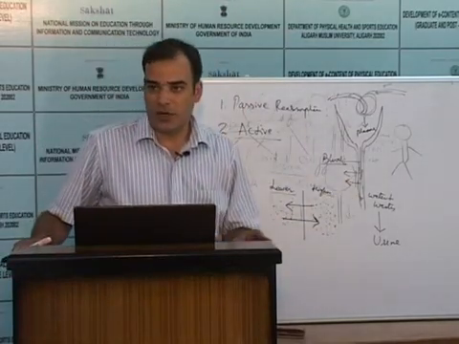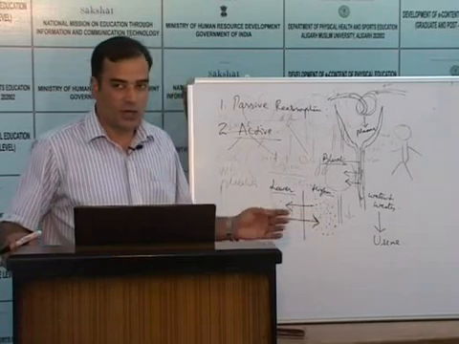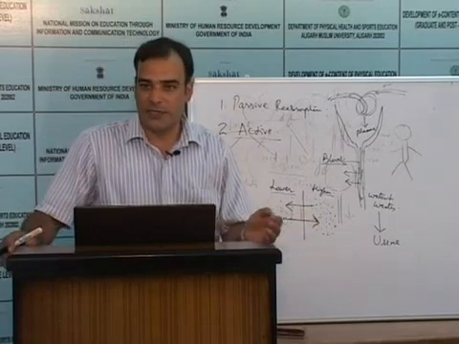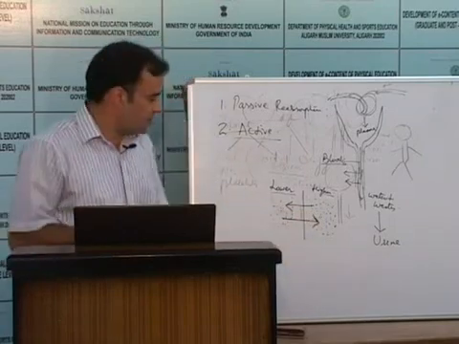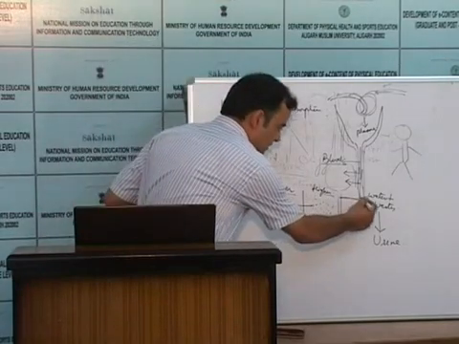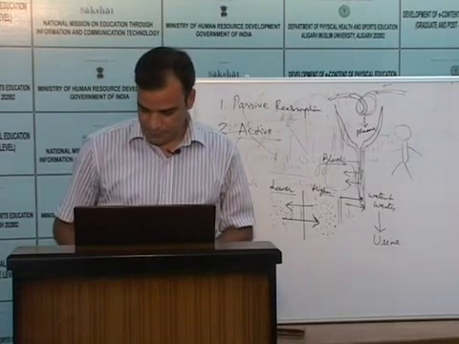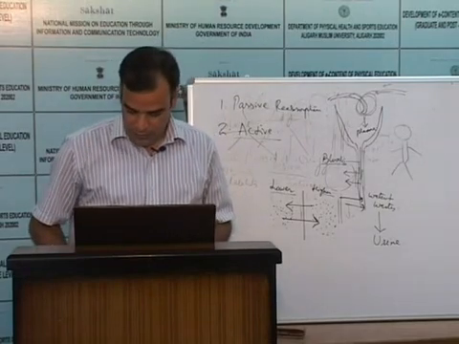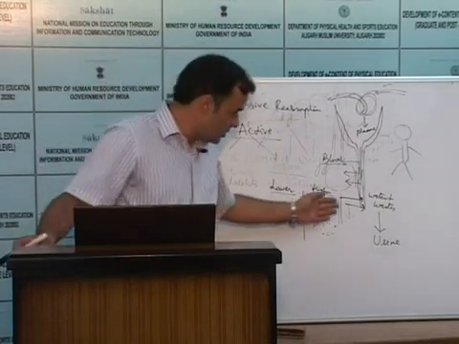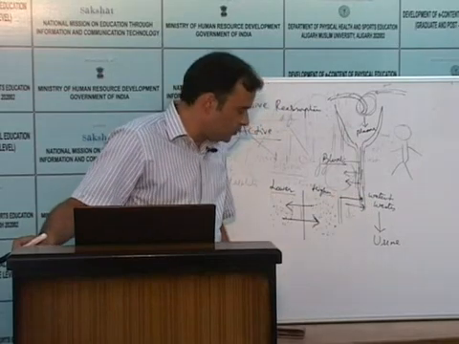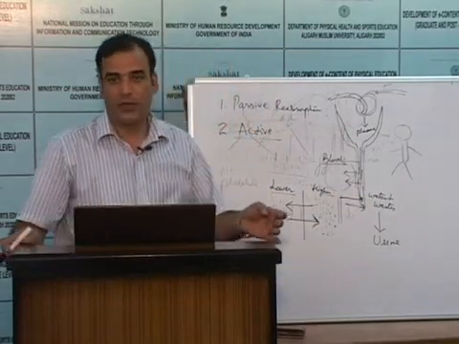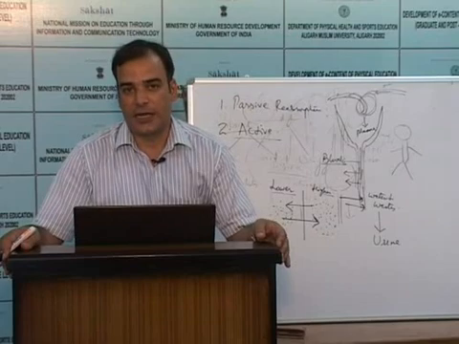This is called tubular secretion, or sometimes also called tubular excretion, because here certain substances enter into this tubule. One of the important substances excreted in this tubule is the hydrogen ion.